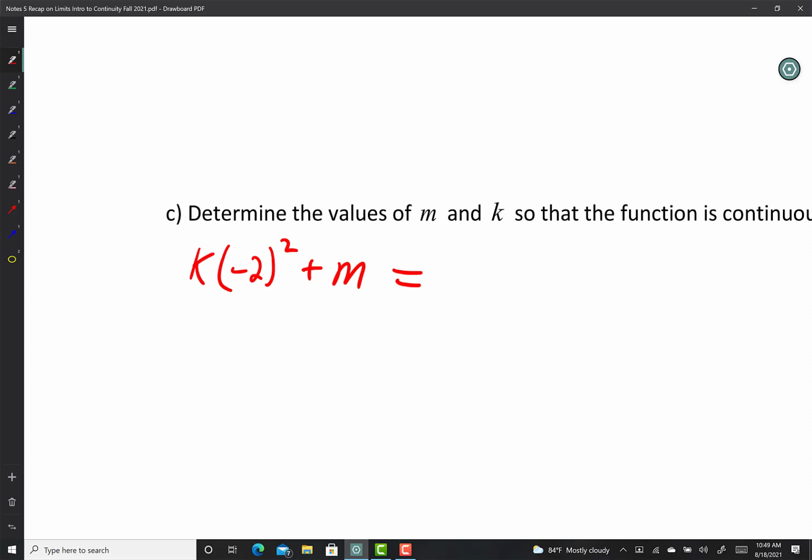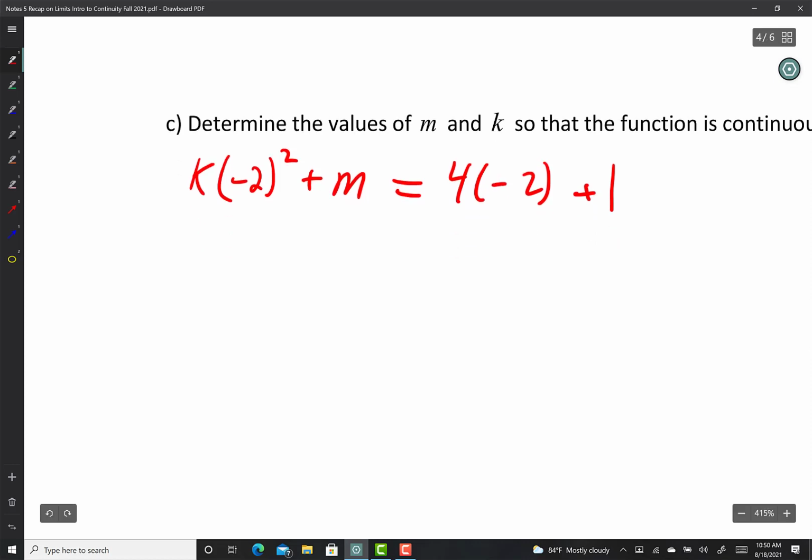I'm evaluating my limit. It's equal to 4 times negative 2 plus 1. The limit from the left better equal the limit from the right. At what y value? At negative 2, right? So all I'm doing is plugging in a negative 2, guys.